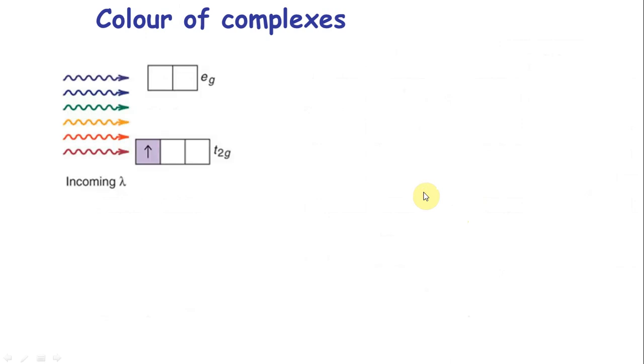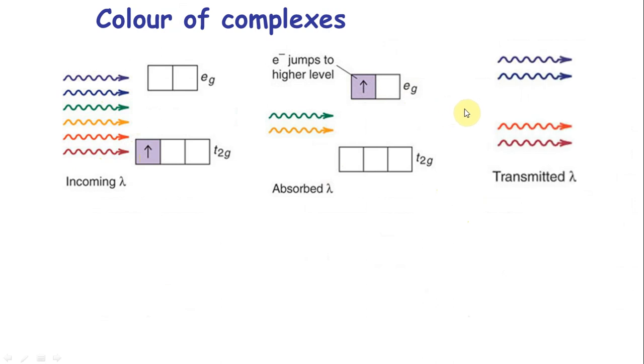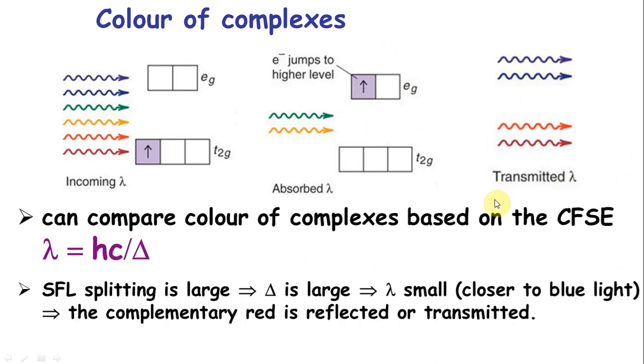Color of the complex. As I told you before, the incoming light can get absorbed and promote one electron to the unoccupied Eg orbital, and that can give rise to color. We cannot exactly figure out what color it's going to be. It's hard to say, but we can know one thing: we can compare two different complexes based on the crystal field stabilization energy.